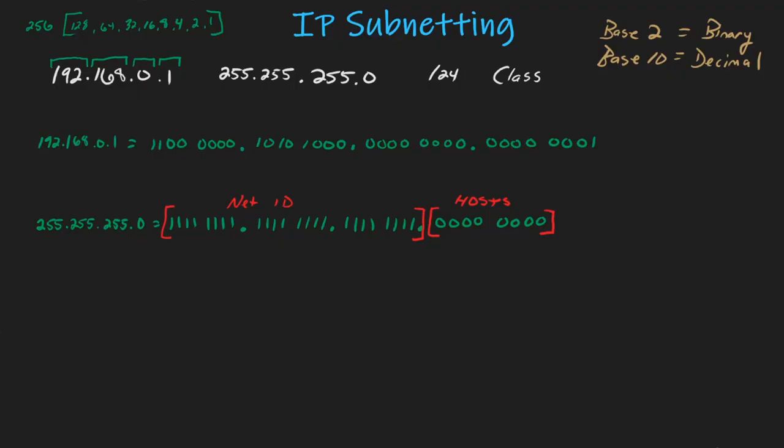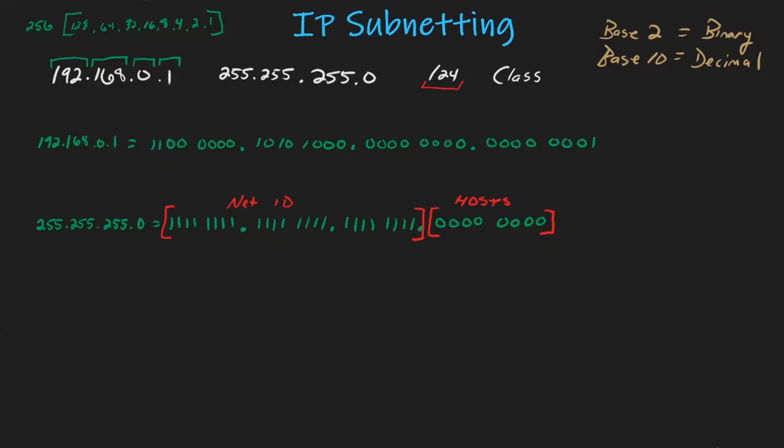But the network ID says all of these bits are going to represent my network. Meaning if these bits in an address are different, in this case, the first 24 bits here, this is why it's a /24 in the CIDR notation, the classless interdomain routing. So this says /24.